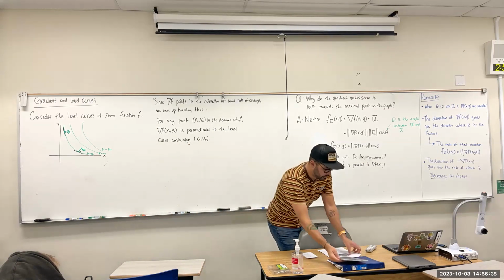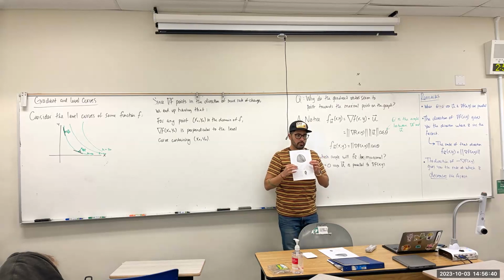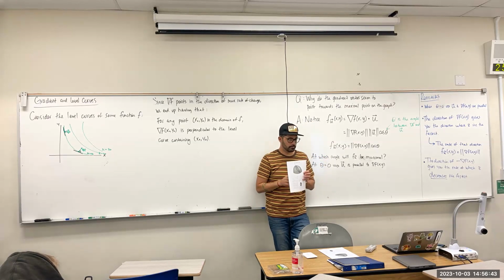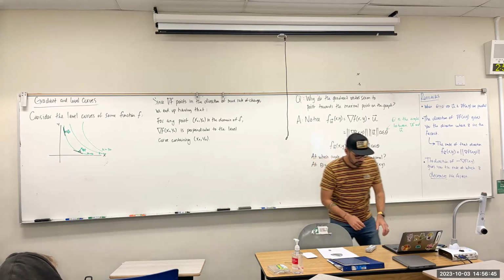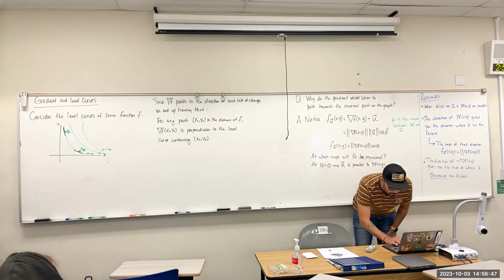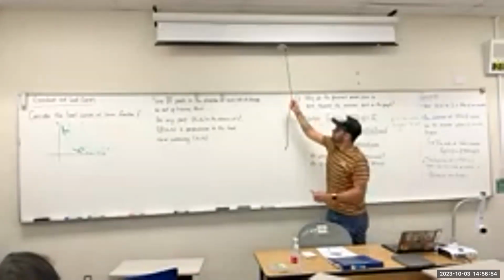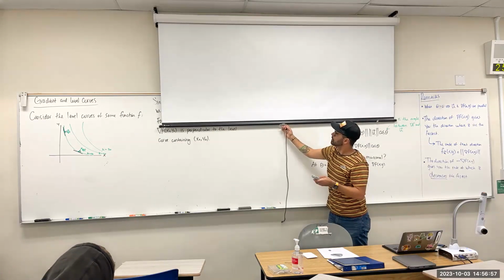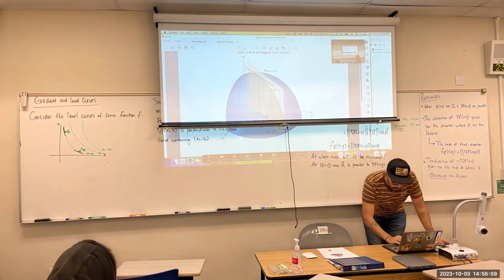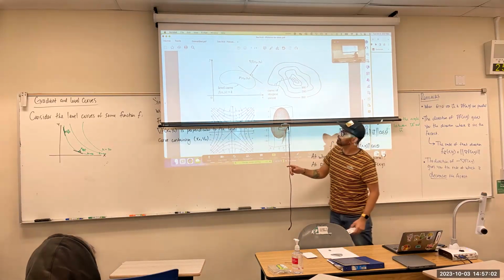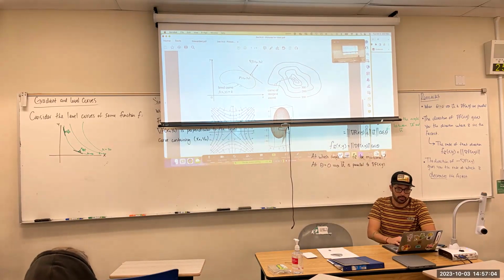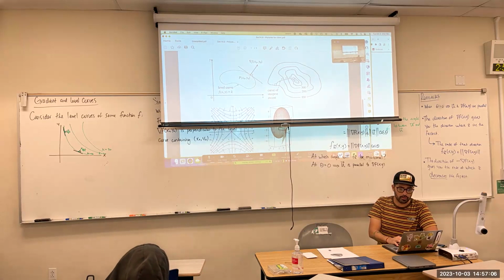And then I wanted to include some graphics, which are on the bottom part of your paper. Right. So if you have some level curve here, you're on this level curve, and that point is on the level curve, then your gradient is going to be perpendicular to the level curve.